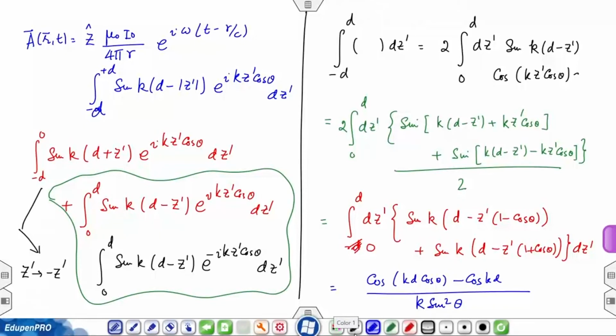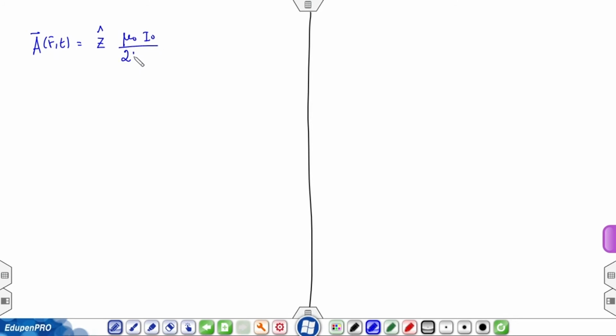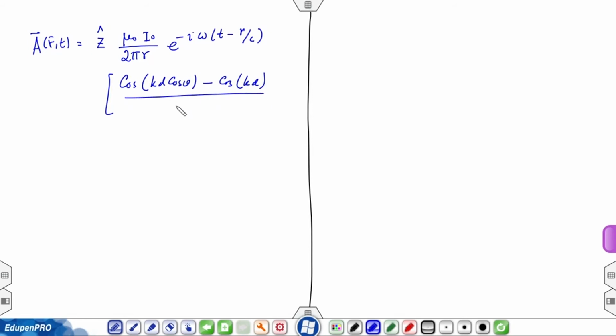Now, we substitute this for calculating A, and we get A(r,t) equals z mu naught I naught over 2 pi r, e raised to minus i omega (t minus r over c), times cosine of (k d cos theta) minus cosine of (k d), divided by k sin square theta.